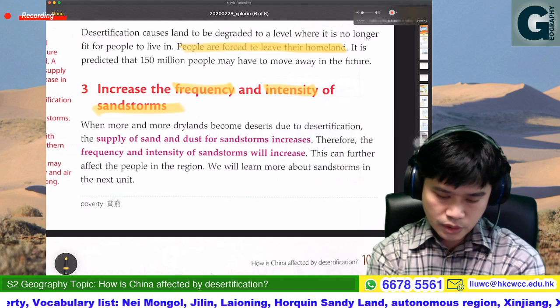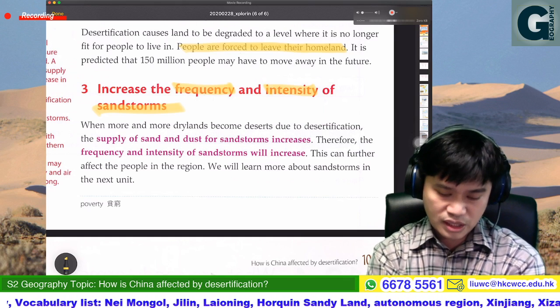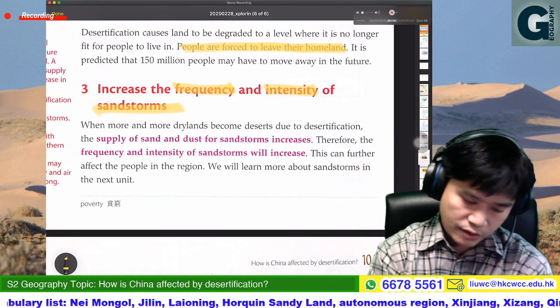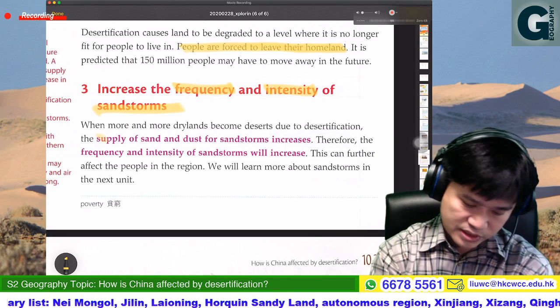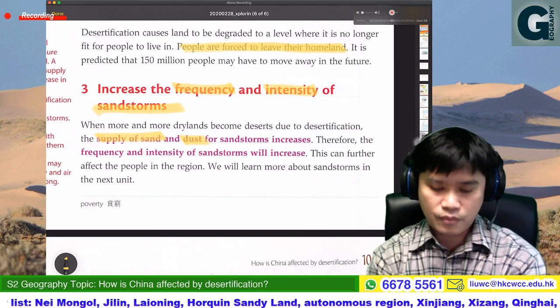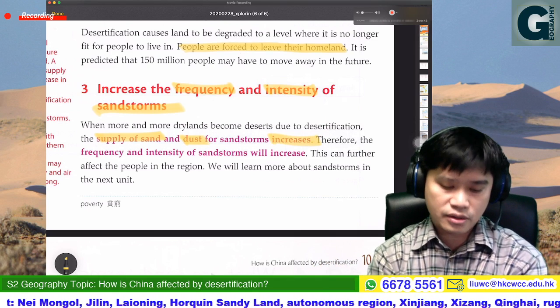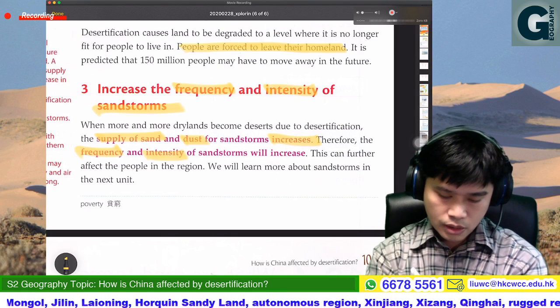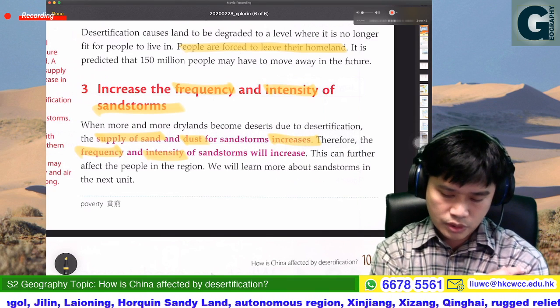More sandstorm, a sandstorm will become more common as the land become dry, become desert. Therefore, okay, so the supply of sand and dust that may increase. Then the frequency 嗰個次數啦、intensity 強度啦 of sandstorm it will also increase.